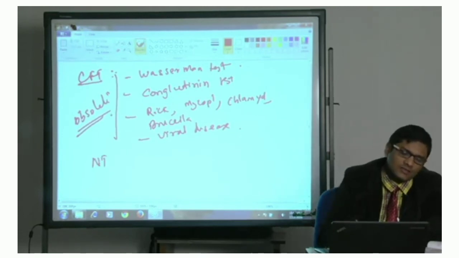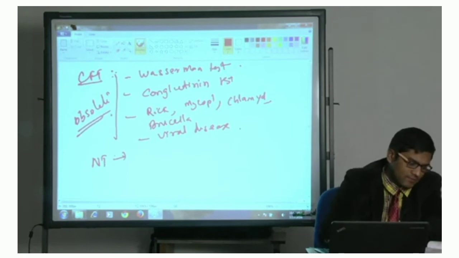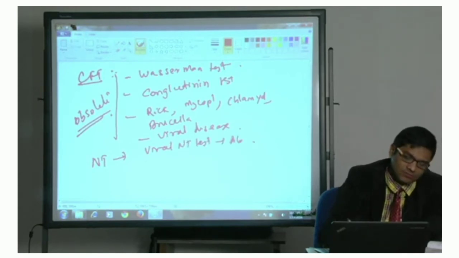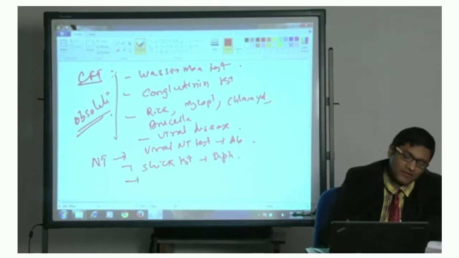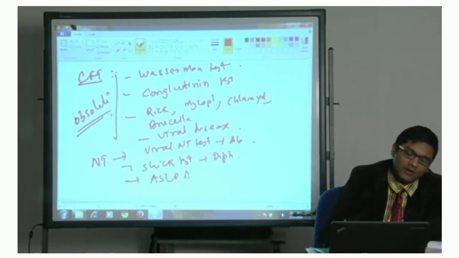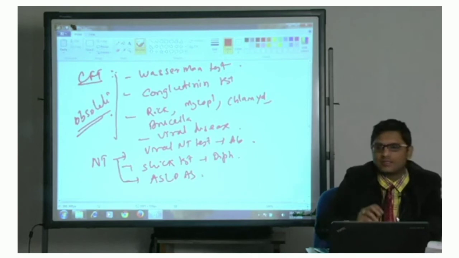Similarly, neutralization test also is almost obsolete. Various examples of neutralization tests are viral neutralization test to detect antibodies, then Schick test, which is done for diphtheria. Previously, anti-streptolysin O antibody was detected by neutralization test.